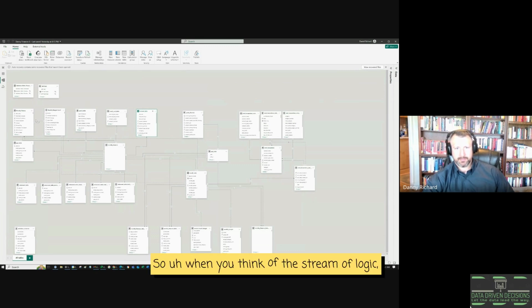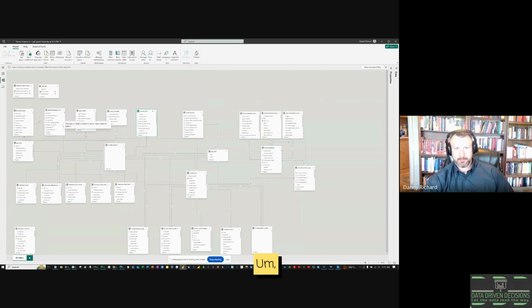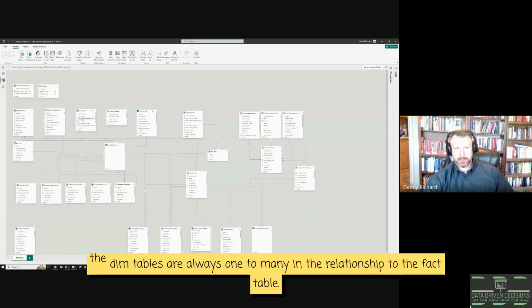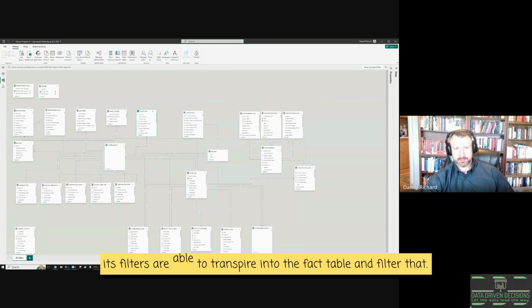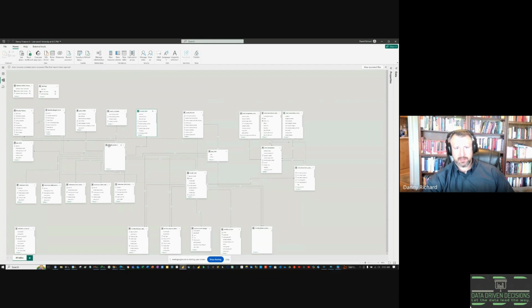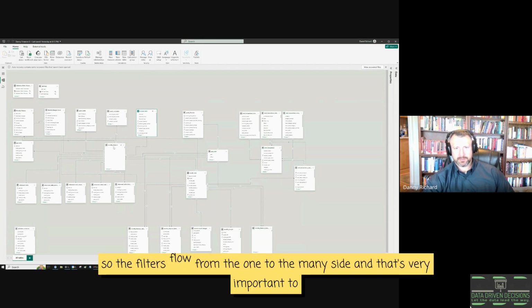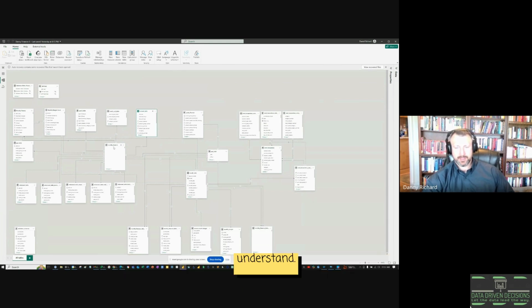When you think of the stream of logic, it really has an order. The dim tables are always one to many in the relationship to the fact table, and that makes its filters able to transpire into the fact table and filter that. So the filters flow from the one to the many side, and that's very important to understand.